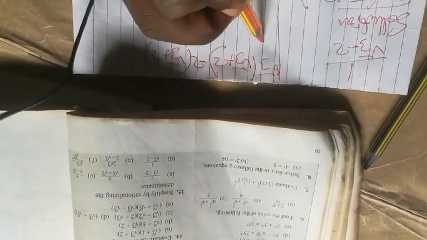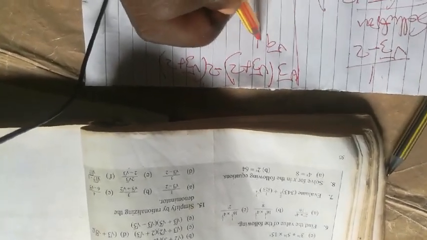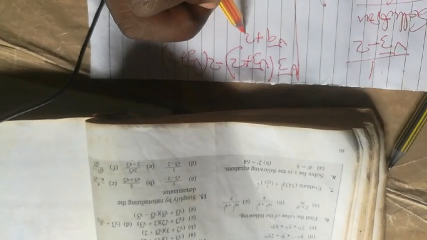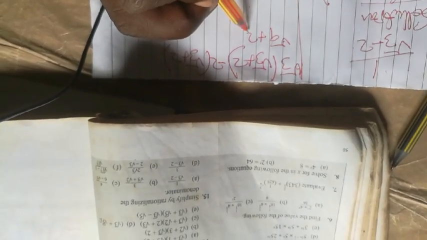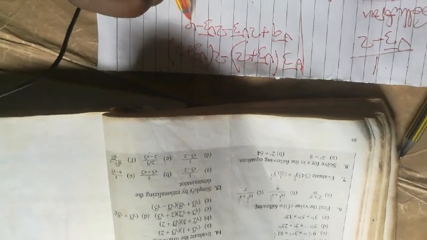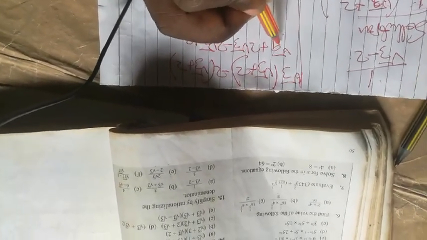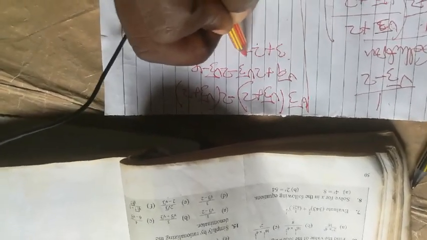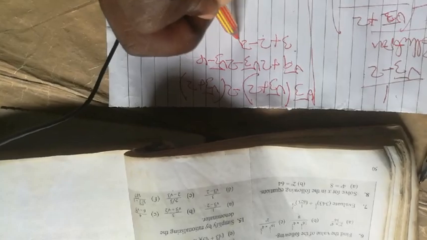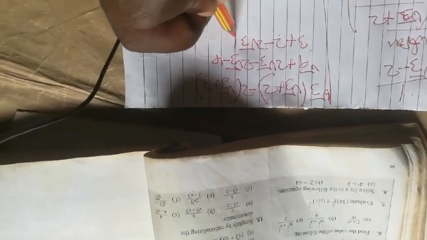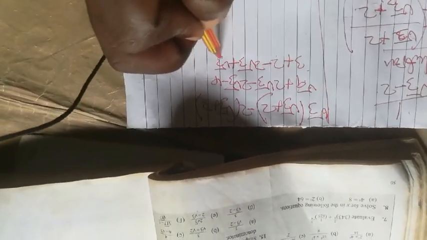This will give us root 9 plus 2 root 3 minus 2 root 3 minus 4. The square root of 9 is 3, plus 2 root 3 minus 2 root 3, minus 4.